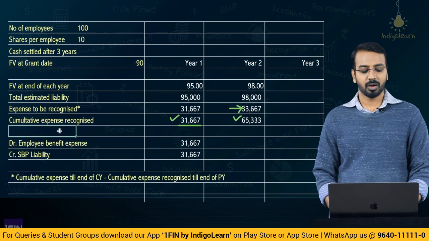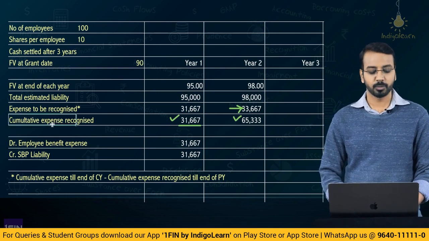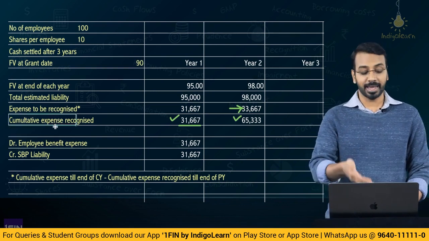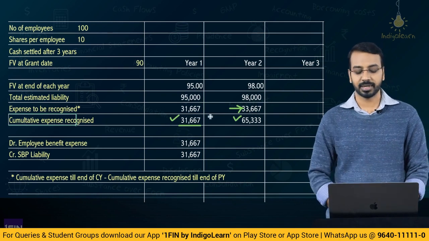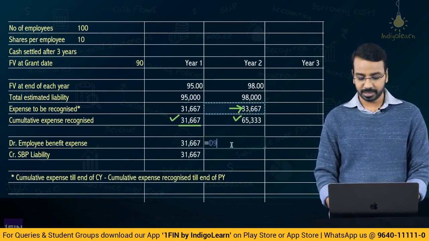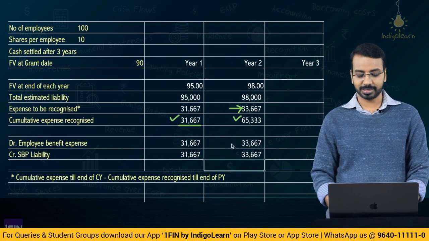Okay, you can write that, or to simplify this, maybe you can move this cumulative expense recognized row above and expense to be recognized below. Either way, it is fine, right? So what will be the entry? 33,667 debit and 33,667 credit.